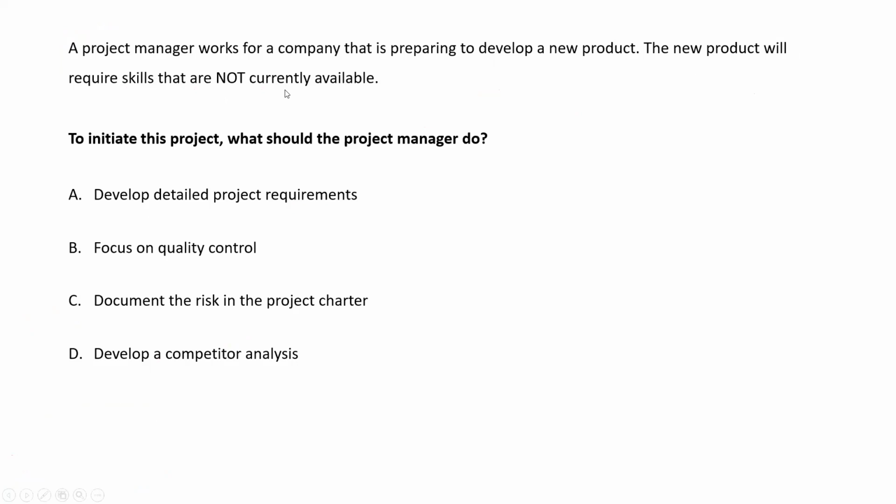Next, a PM works for a company that is preparing to develop a new product. The new product will require skills that are not currently available. To initiate this project, what should the PM do?